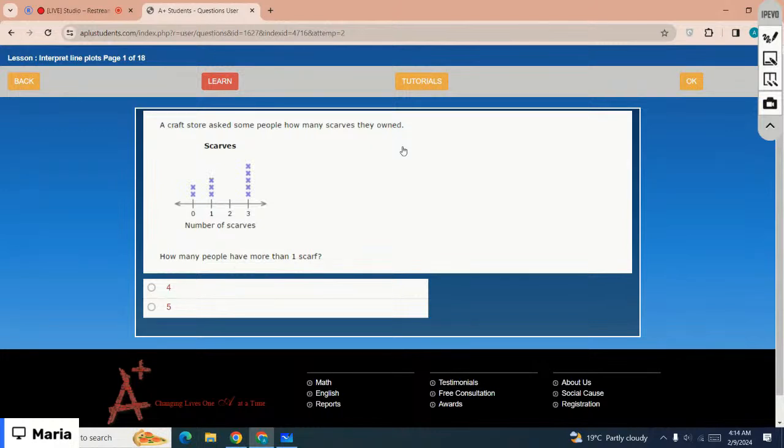Now people with 2 and 3, 1, 2, 3, 4, 5. 5 people have more than one scarf, so the correct option is 5.